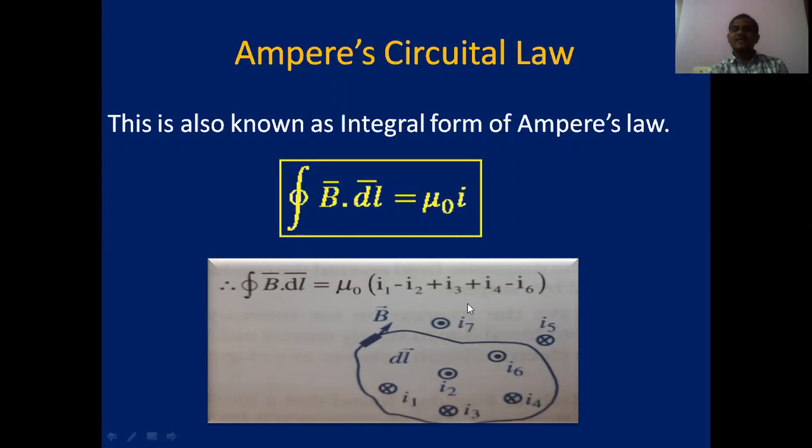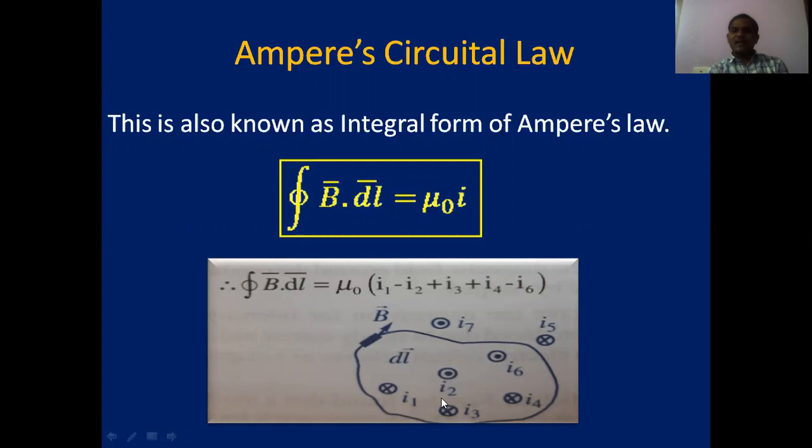Here I5, I7 are outside of the closed loop, so they do not contribute to the magnetic induction field. Hence, the contribution due to I5, I7 is 0. Hence, the net current enclosed by the closed loop is given by I1 minus I2 plus I3 plus I4 minus I6. Okay. So let me repeat here.